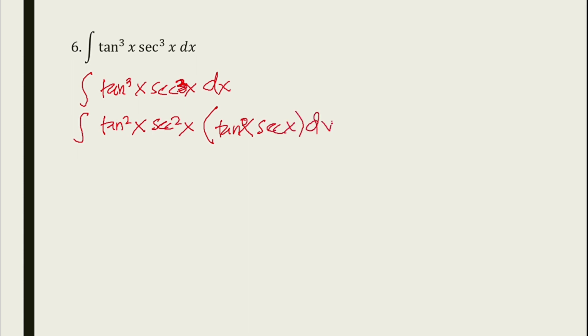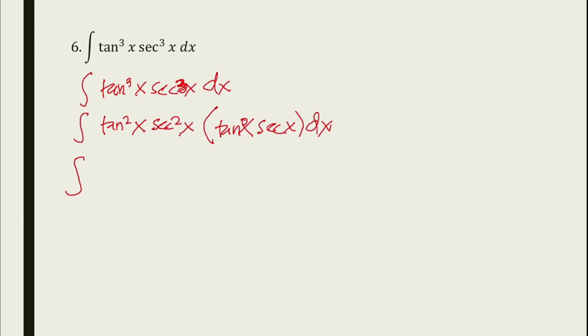Why are we doing this? Because we have to anticipate that when we let u as our secant, the derivative is sec x tan x. Therefore, the trigonometric function that we are going to transform is the tangent, not the secant.